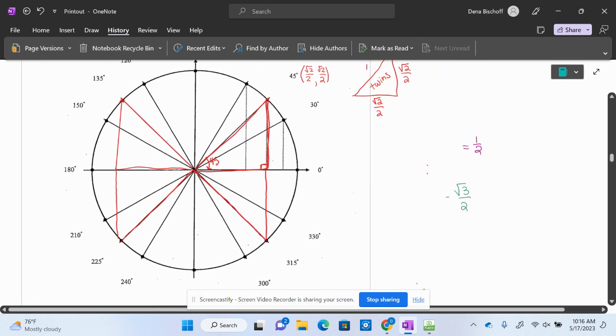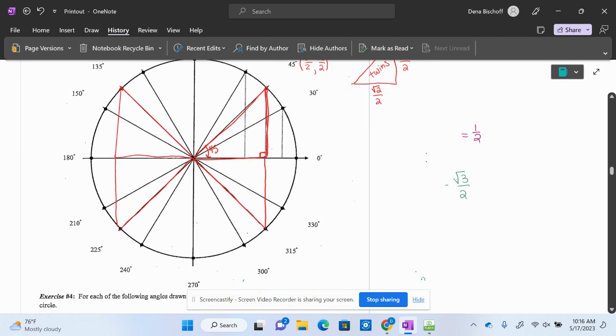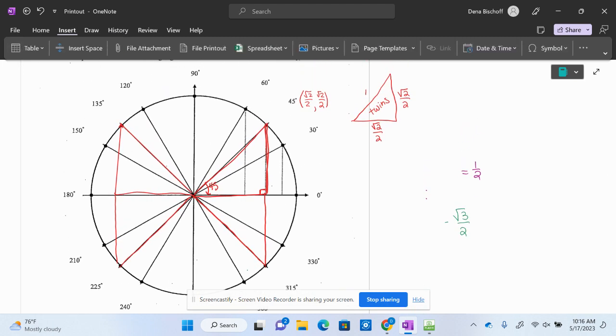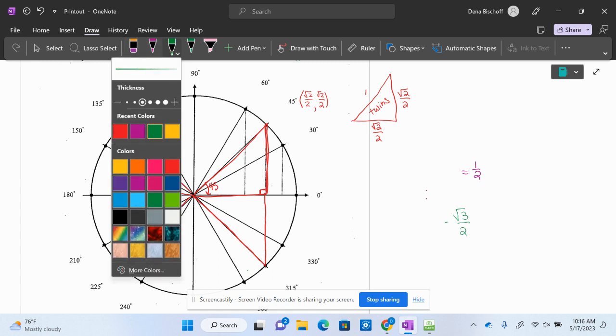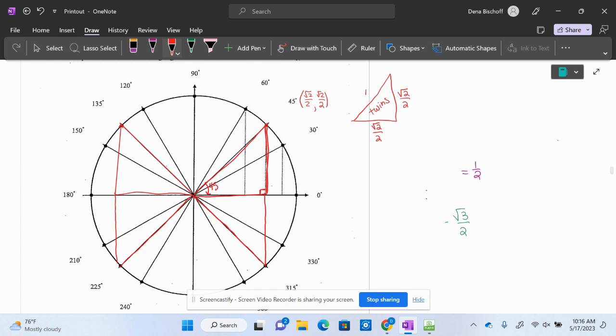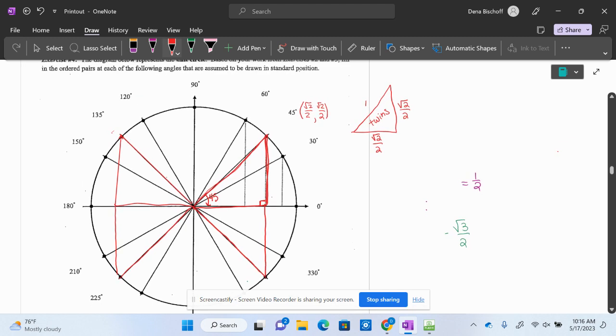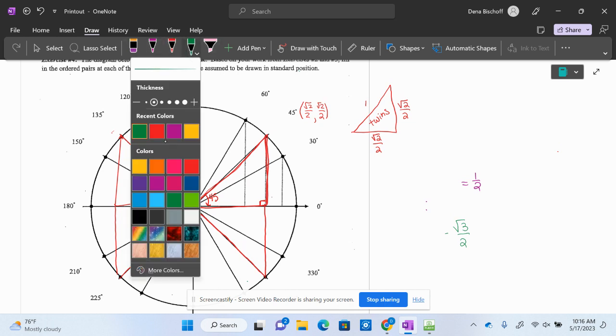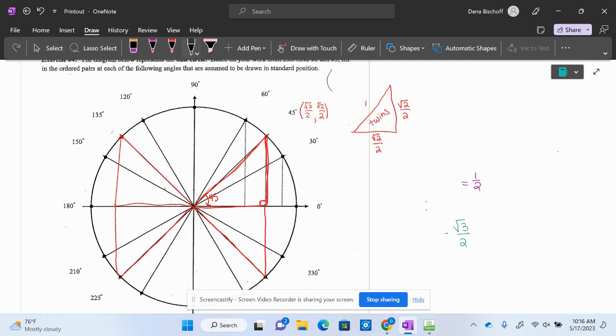What I want you to think about is what happens when you reflect an image across the y-axis. So I'm taking this image right here and I'm reflecting it over this way. Or easier still, think about the value of the coordinates in each quadrant. I know that my x coordinate and my y coordinate are both positive in quadrant 1.